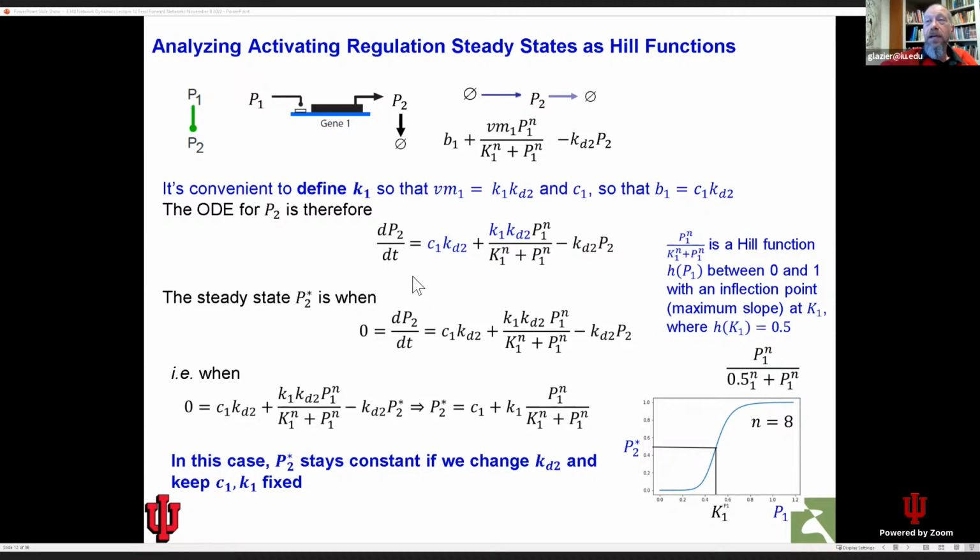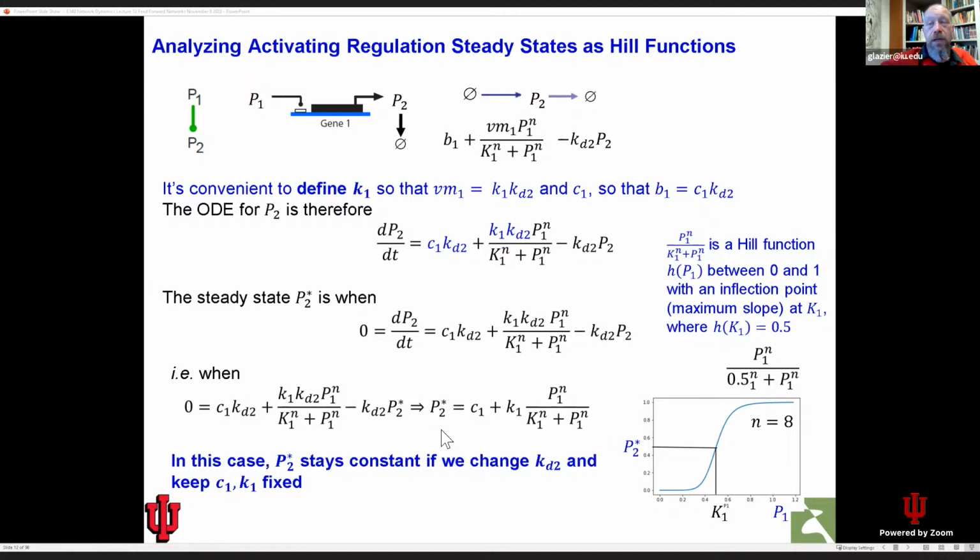So the ODE here, what I did was I rewrote the parameters VM and KD, I'm sorry, B and VM, in terms of KD, so that things could scale out.